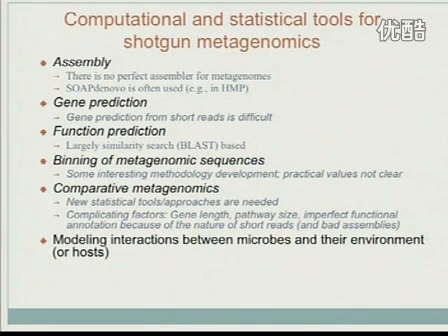Sometimes you may get very good assemblies for the abundant ones, so you may get a few genomes, but most of the time you will just get short reads, pieces of DNA from many genomes. So that's assembly. There's no perfect assembler for metagenomes yet. SOAPdenovo is used in the MetaHIT project and also in the HMP project.